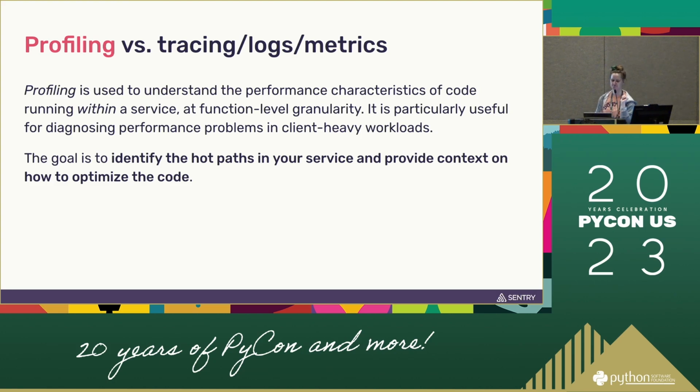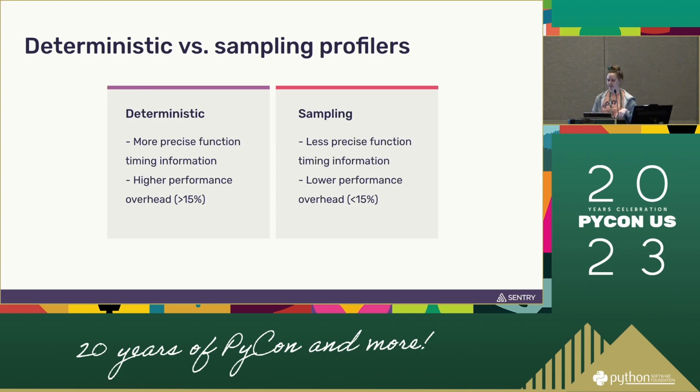Cool. So now we will finally talk about deterministic versus sampling profilers, which I've been previewing over and over again. At a really high level, deterministic profilers are focused on precise function timing information.